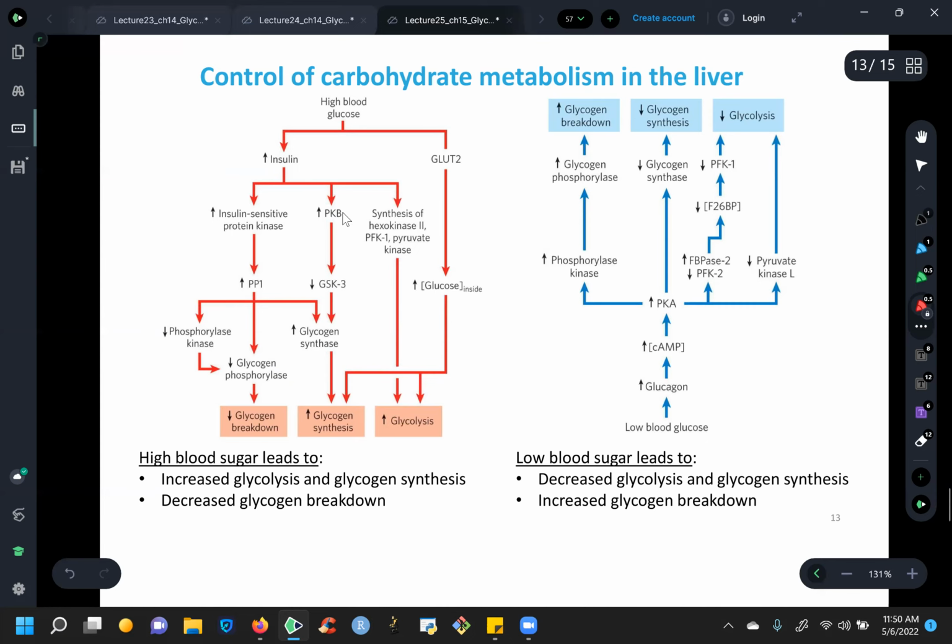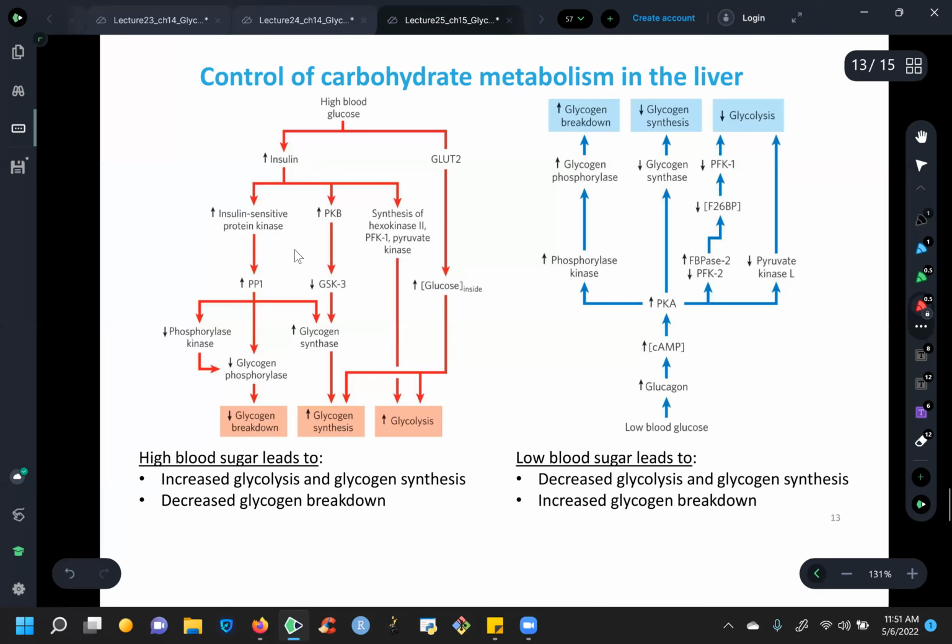And then increase PKB, decrease GSK3, increase glycogen synthase. So you have a lot of glucose in the blood, so you're going to go ahead and make that glycogen. So when you have a lot of insulin, again, you're going to increase your insulin sensitive protein kinase, increase PP1, which also helps you decrease glycogen phosphorylase, and you decrease the glycogen breakdown.